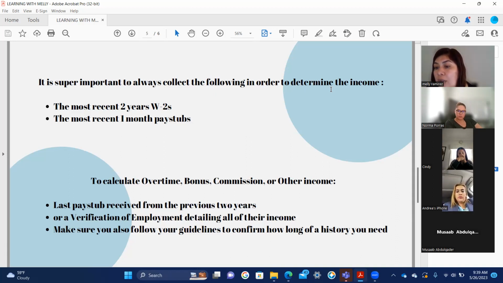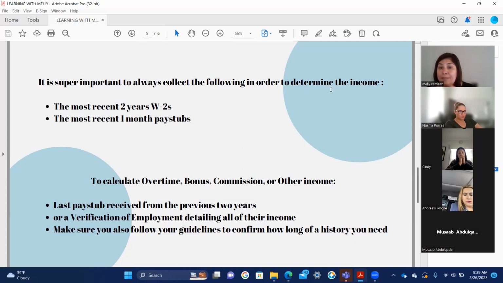And then once you run the credit, the other addresses are going to pop up. So when you do your letter of explanation on the addresses, that's when you'll confirm, you know, parents' home, sister's home, ex-wife's home, or whatever the case may be. But I always ask, where do you currently live right now? That's the address I go off.